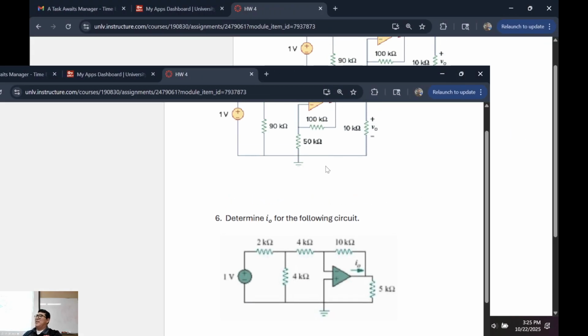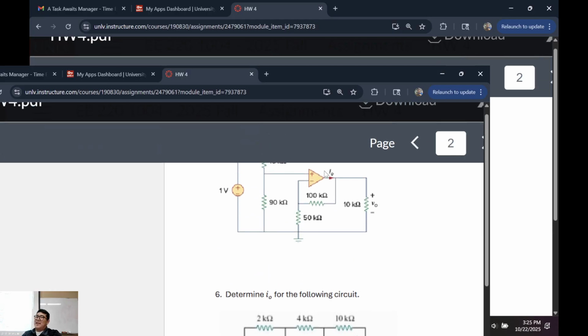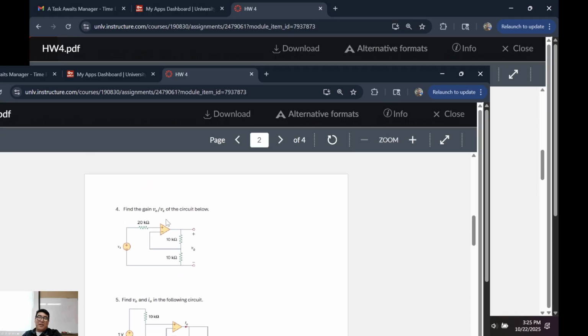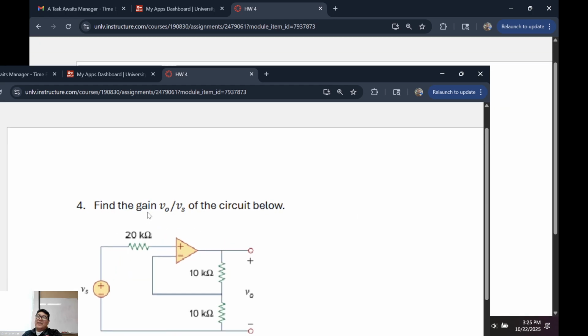You guys are going to look over KVL, KCL, mesh circuits, nodal analysis. You guys know how to do op amps now? You guys now have that ideal model of an op amp, a practical model of the op amp. You guys know how to find the gain, Vout over Vs, right? In terms of voltage. If I were to throw 1 volt, what's Vout? Just multiply this by the gain. Is everything understood?